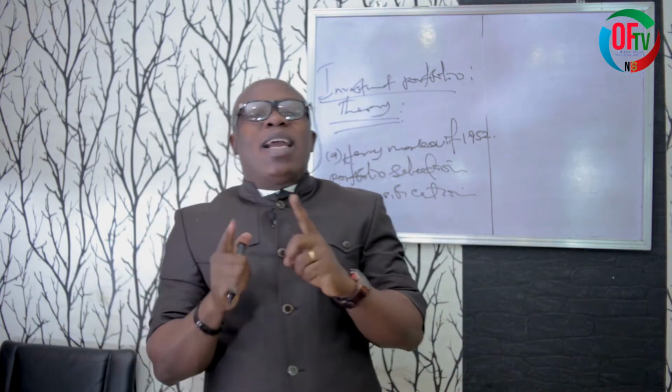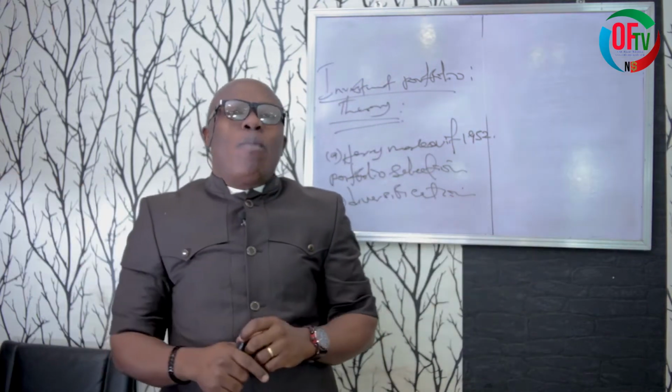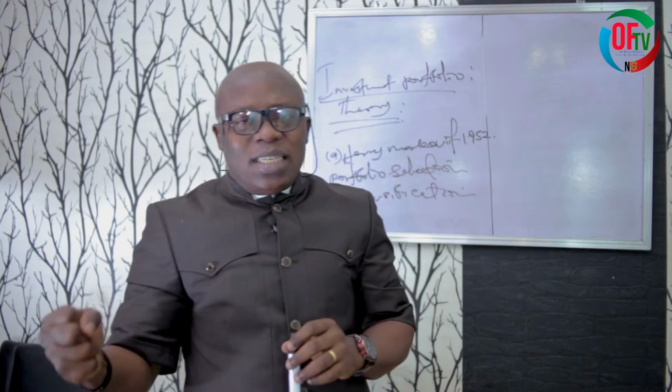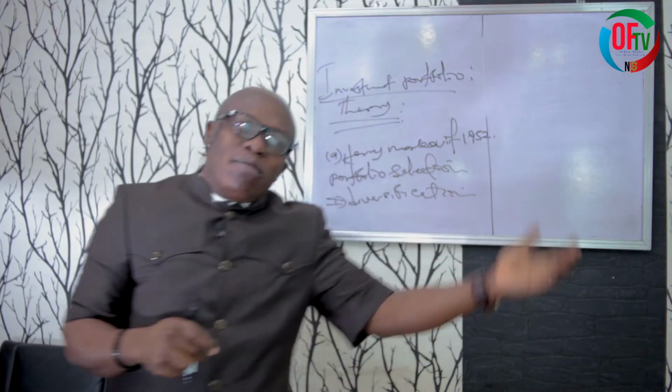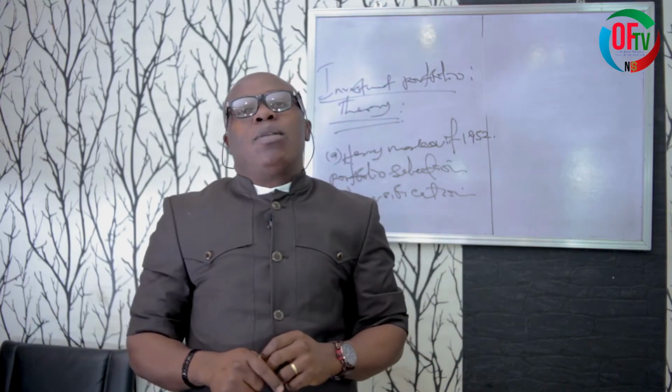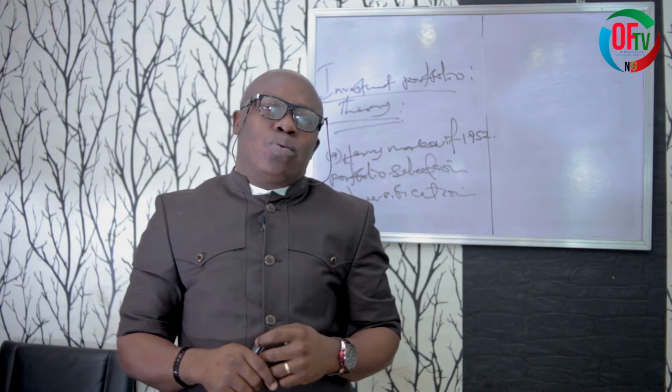That is why Markowitz explained to corporate bodies and organizations that you can be in one business and diversify into so many businesses, so that if one of the businesses is having issues, the other one can lift the other businesses. Those are the theories that Markowitz established in 1952.